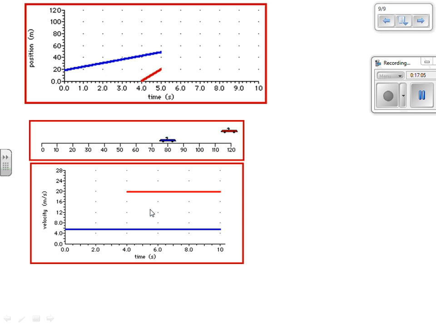What's the process for finding displacement from a velocity time graph? We've been doing it. No, I want to find the displacement. That's the velocity, right? I want to know the displacement from a velocity time graph. How do you find displacement from a velocity time graph?